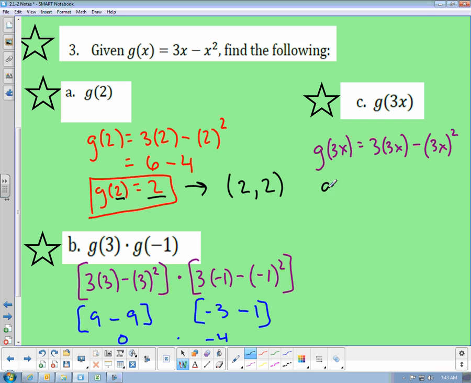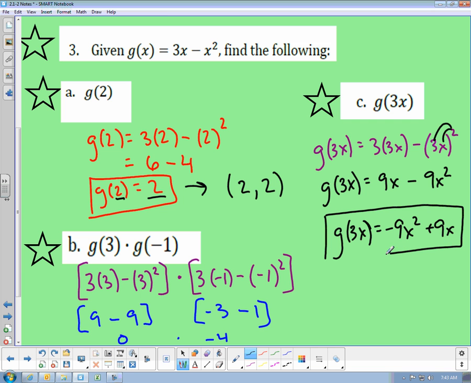So I have g of 3x equals 9x minus 9x squared. When I square the 3 and the x, I have to square them both. 3 squared is 9, x squared is x squared. So this would be our function. Technically, we could probably write it in standard form, putting the greatest exponent first. So I'd have negative 9x squared plus 9x. There's nothing else I can do with that because I don't know what x is. So I just have to leave it as it is.